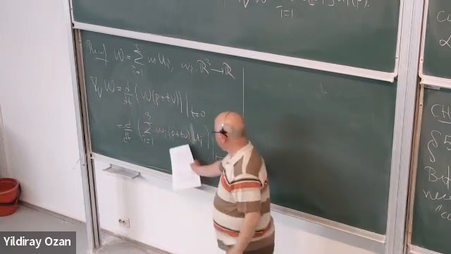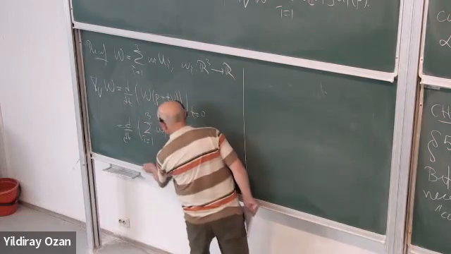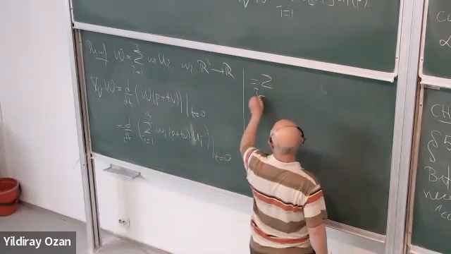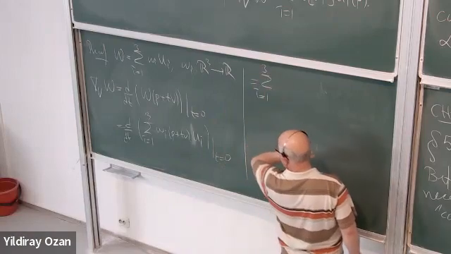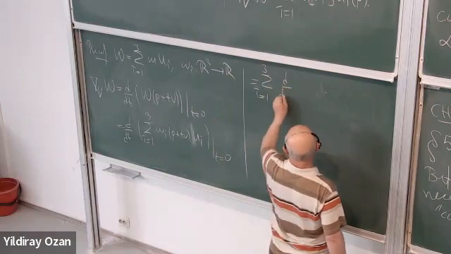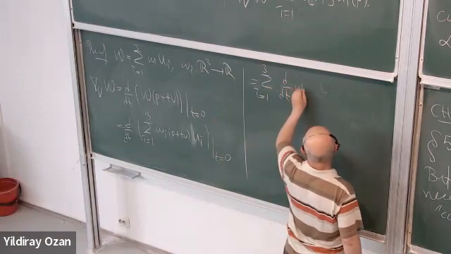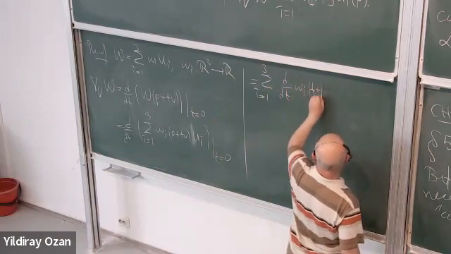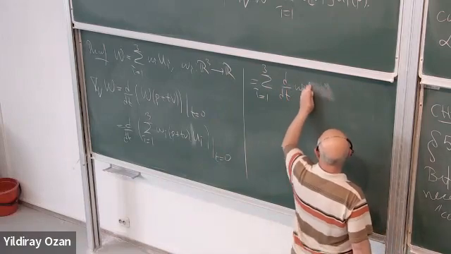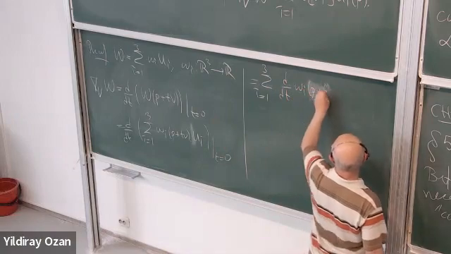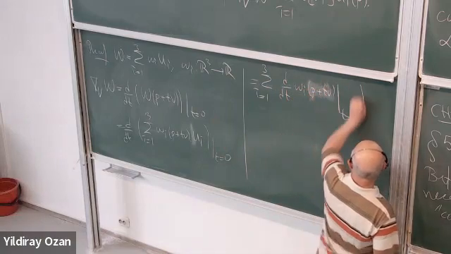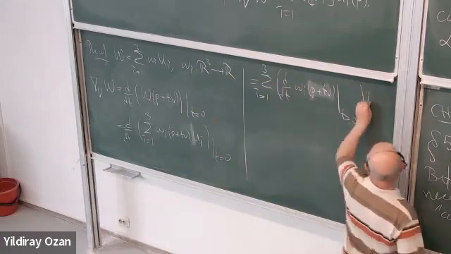Well, what is the derivative of this? This is just the summation from 1 to 3 of the derivative of Wi at p plus tv, at t equals 0, times Ui.